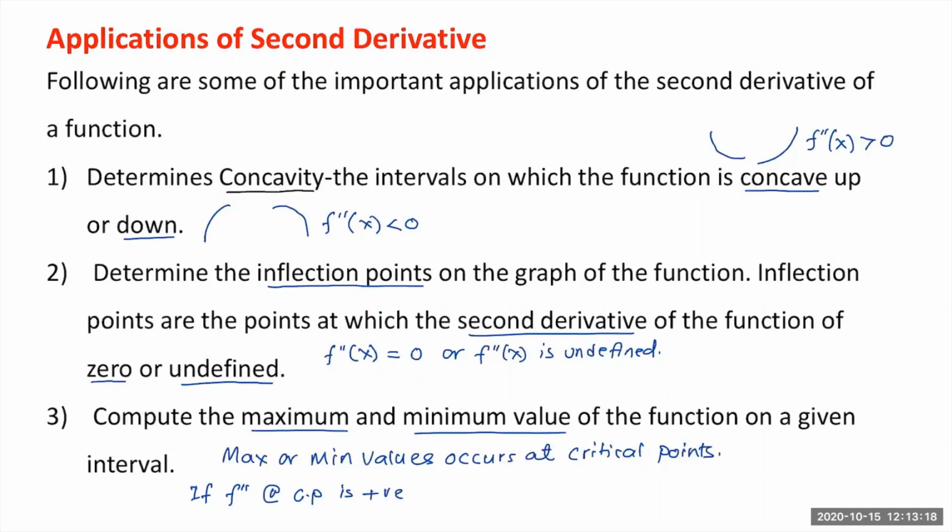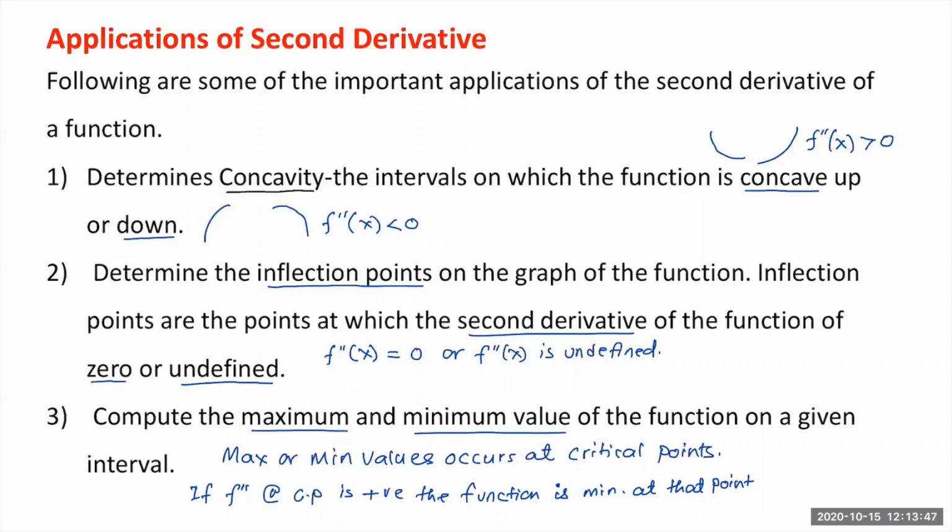Please note this one: if the second derivative f double prime at the critical point is positive, then the function is minimum at that point. So you can see we are using the second derivative to verify whether you have a maximum or minimum at the critical point.